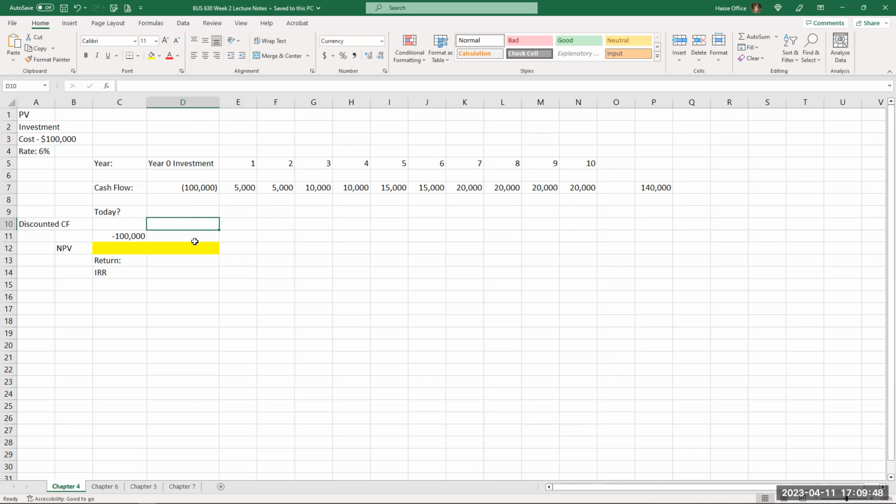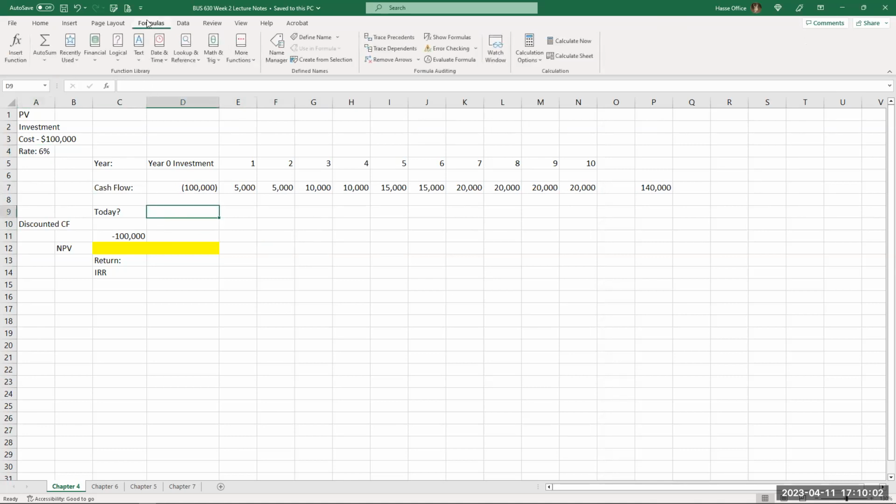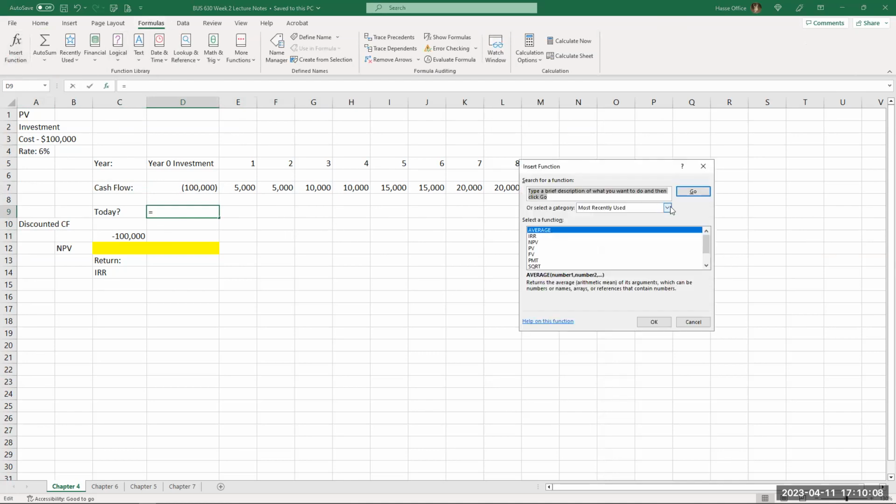And the discount rate is the company's cost of capital, what it costs them to get the $100,000 to invest in this asset. In this particular instance, it's 6%. So if we go to our formulas function of our spreadsheet, and go to financial, we're going to look for the calculation called net present value, NPV.